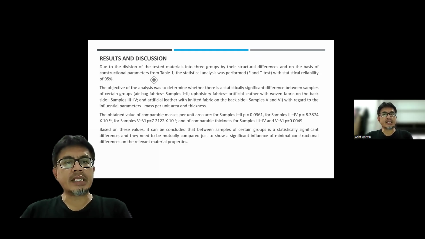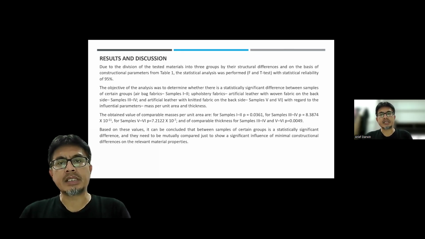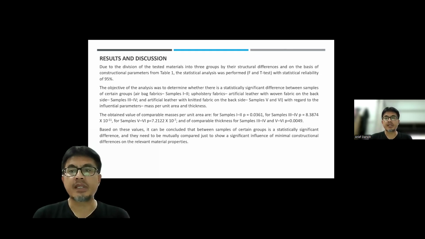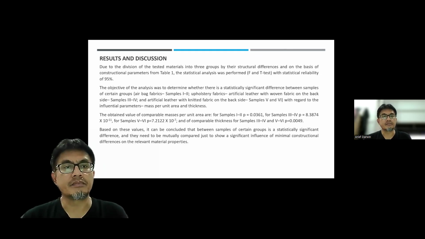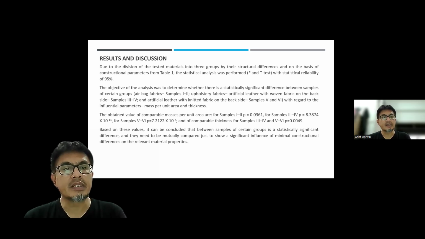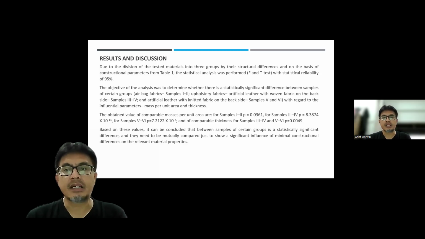The objective of the analysis was to determine whether there is a statistically significant difference between samples of a certain group, airbag fabric, samples 1 and 2, and upholstery fabric, samples 3, 4, 5, and 6, with regard to the influential parameters, mass per unit area and thickness.